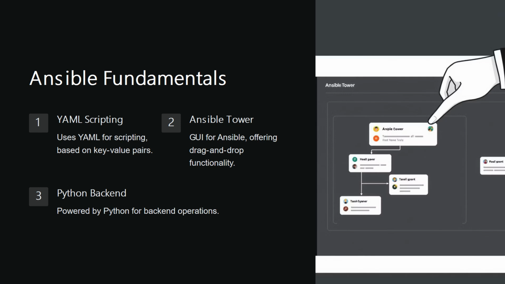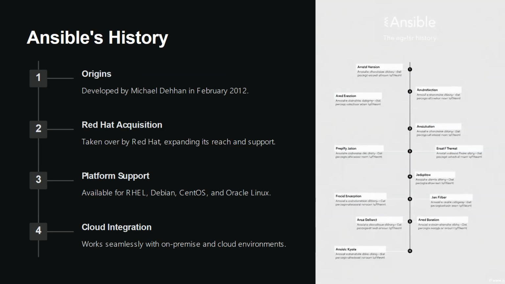In order to run the Ansible server, some dependencies are required. The dependency is Python. The backend dependency to run the Ansible server is Python. Suppose you think about Jenkins, what is the dependency of Jenkins? Java. In a similar way, for Ansible the dependency is Python.